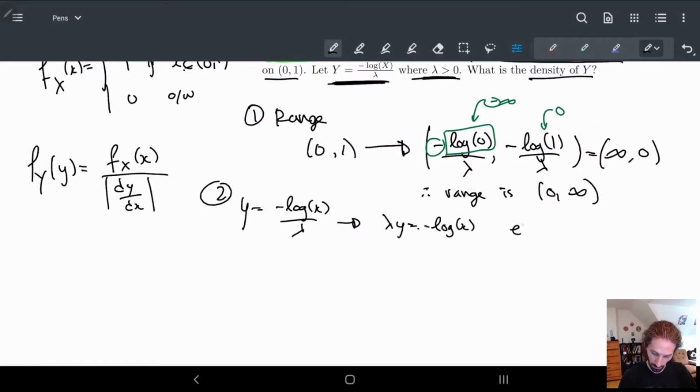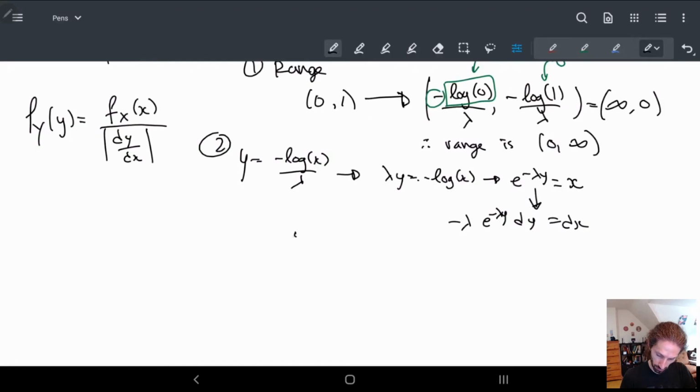So e to the minus lambda y is equal to x. Taking the derivative of both sides, this is going to be e to the minus lambda y times minus lambda is equal to dx. So we end up having, therefore, dy over dx is equal to 1 over minus lambda e to the minus lambda y.